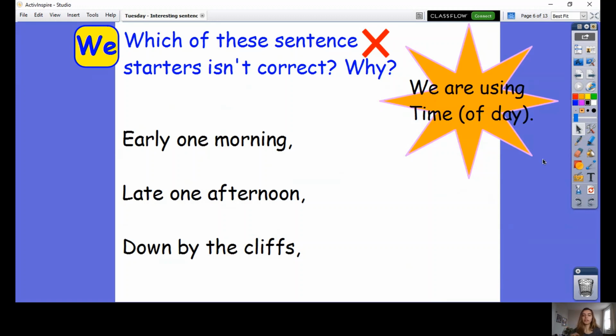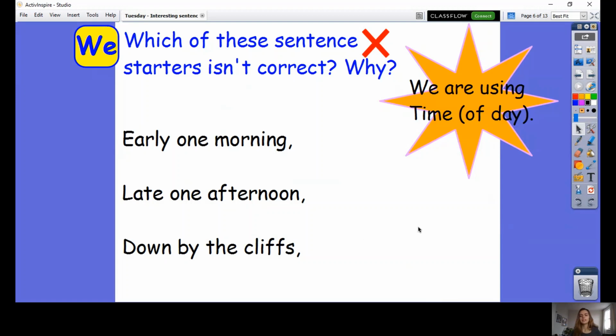Here we have 3 different sentence starters, but one of them isn't correct because we are only looking at the time of the day. Now 2 of these are time of the day, but 1 isn't. So can you spot which sentence starter isn't the time of the day? Let's have a read of them first. Early one morning, late one afternoon, down by the cliffs.